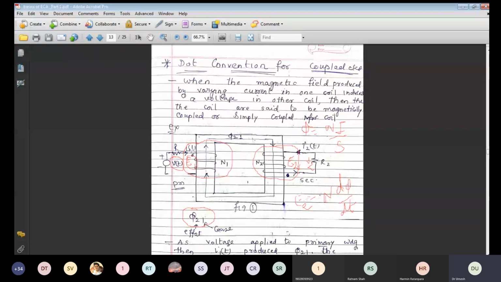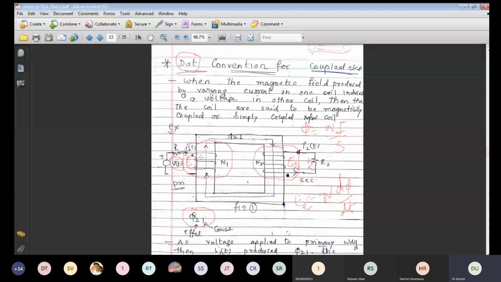So to relate the first winding with the second winding, we have to put a dot. That dot indicates the direction of the EMF induced. Suppose here the dot is at the starting point, the entering end, and here the dot is at the ending point, then both are in opposite direction.